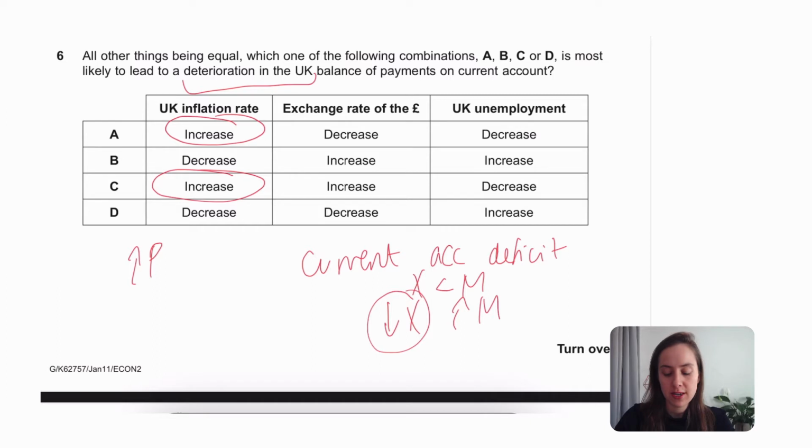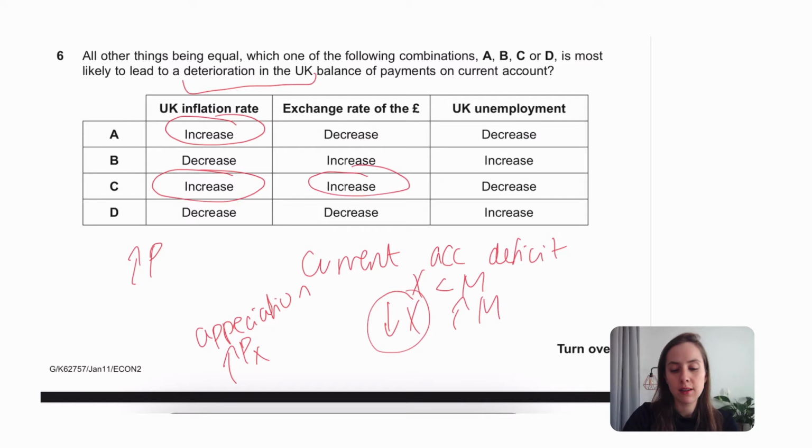On the exchange rate, to sell fewer exports we are looking for an appreciation, because an appreciation increases the price of your exports. So that is an increase in the exchange rate. We want people to be spending money, so we want them employed, so we want unemployment to decrease. That's the answer.